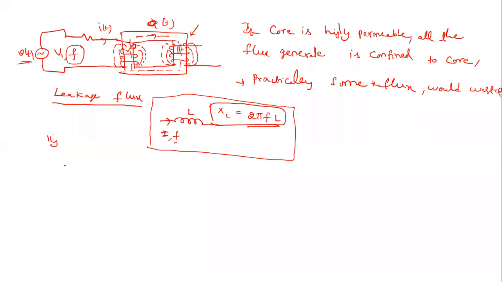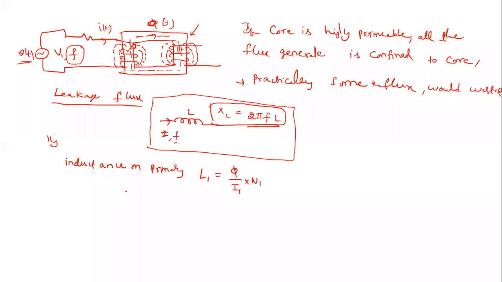And what is the inductance? If you have the primary side inductance, I can say inductance on primary, let me call it L1. L1 is given by flux per unit current, that is the I1 current, multiplied by N1.